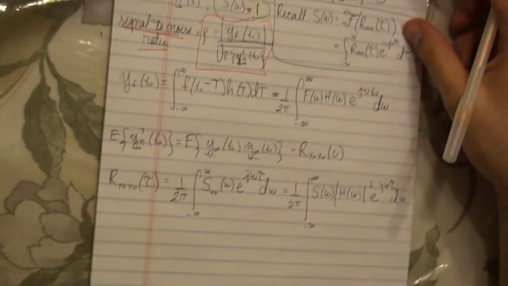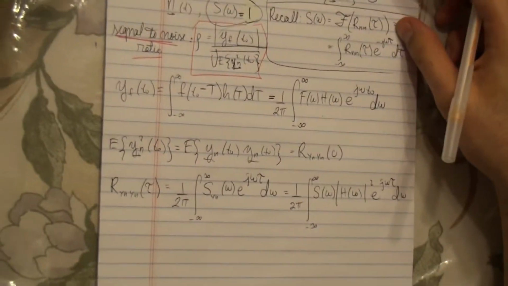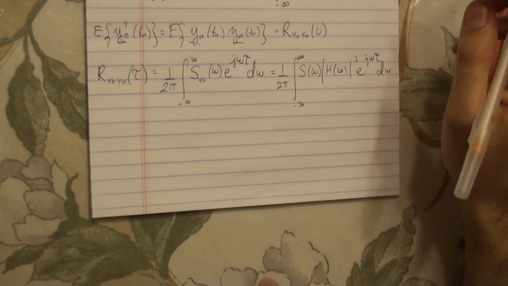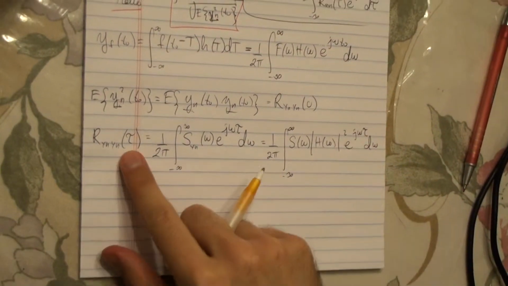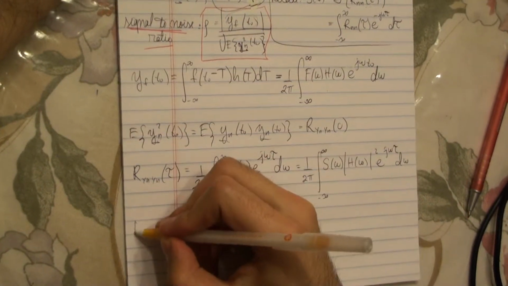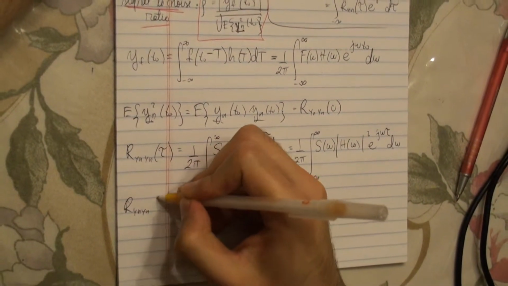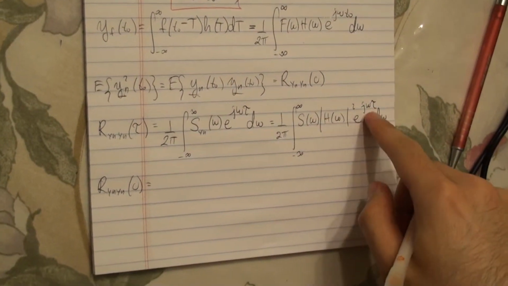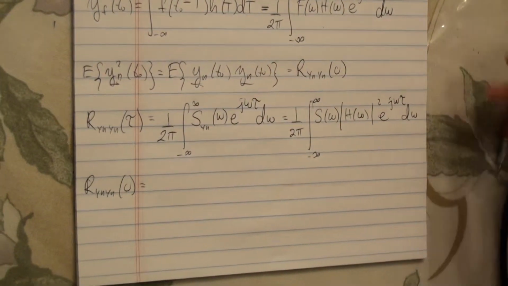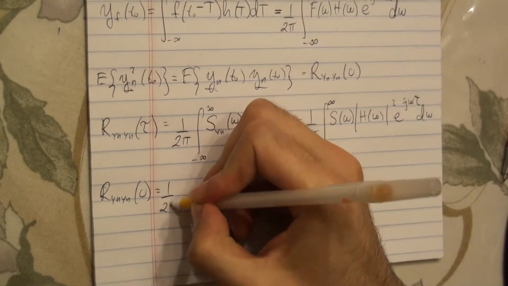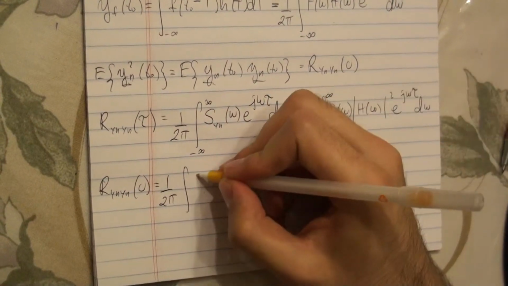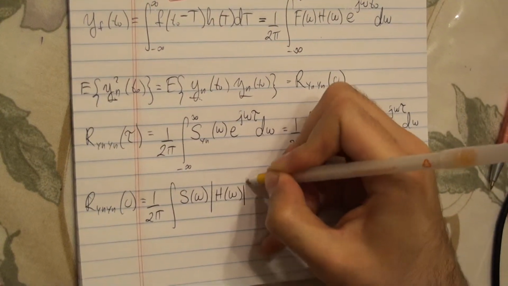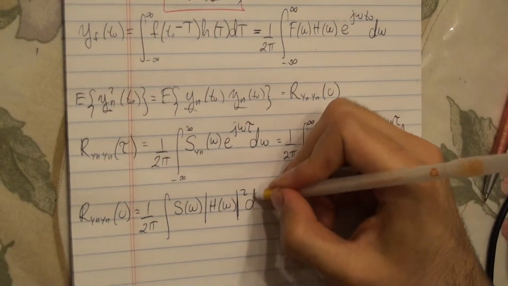Now remember that we're evaluating this at tau equals 0. So the tau goes to 0, so this goes to 1. So we're left with this, S of omega d omega.